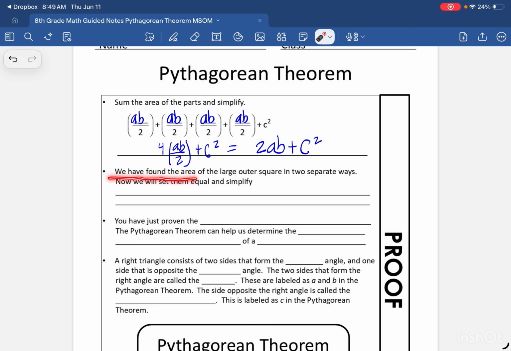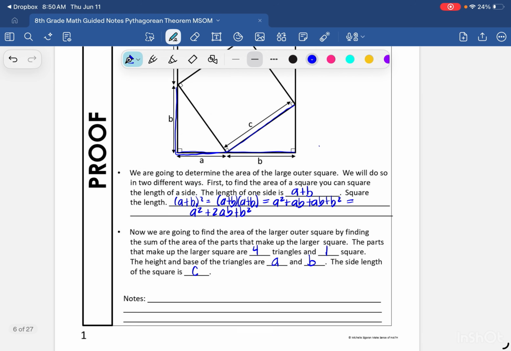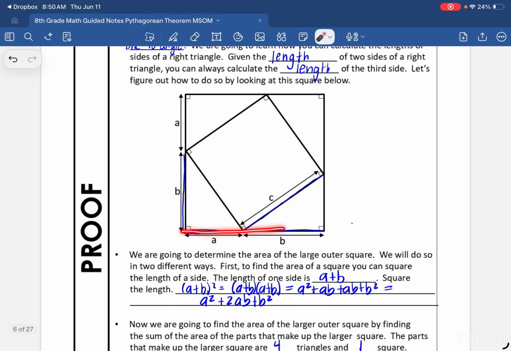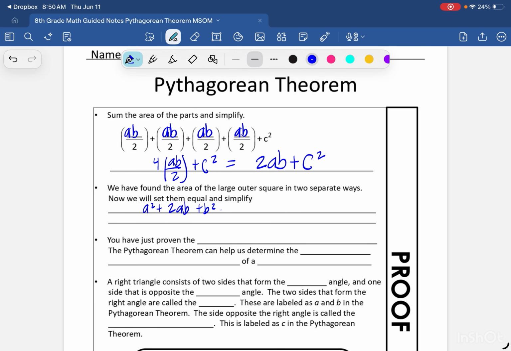Now we have found the area of the large outer square in 2 different ways. Now we will set them equal and simplify. We figured out that the area of the square equals A squared plus 2AB plus B squared, which we got by squaring the length of the side, A plus B. Then we summed the area of the parts and got 2AB plus C squared.